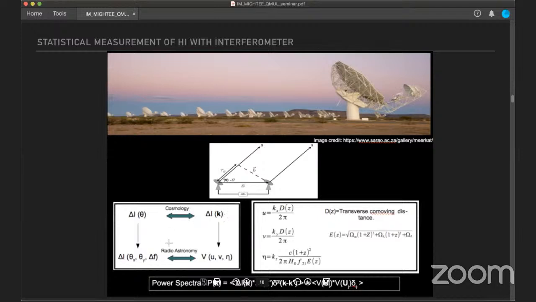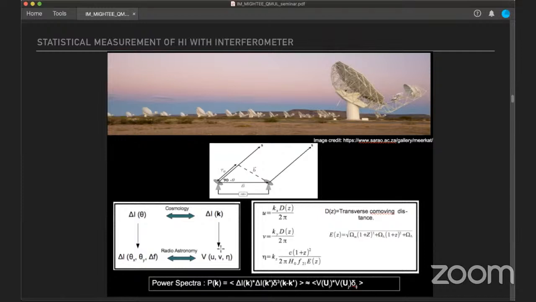In radio interferometry, the sky fluctuation that we see in the recorded data is in the visibility domain. And u, v and eta are Fourier pairs of the real space coordinates theta x, theta y, and frequency. So intuitively, you can understand that there is a one-to-one correspondence between the cosmological k space and the radio interferometry variables, say u, v and eta.